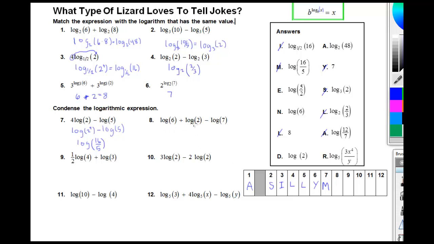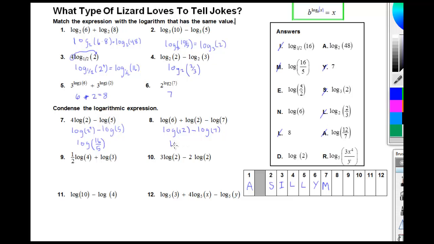And then number 8 has 3 terms in it. Just like when you do addition and subtraction with order of operations, go from left to right. So the first 2 are an addition. So I'm going to rewrite that as log of 6 times 2. And I could leave it just like that, but I'm a little short on space, so I'm going to go ahead and multiply the 6 times the 2 in this step and say that this is the log of 12, the product of 6 and 2, minus the log of 7.